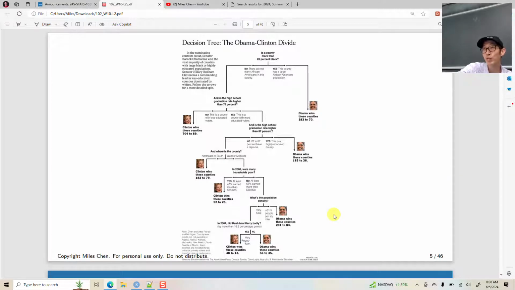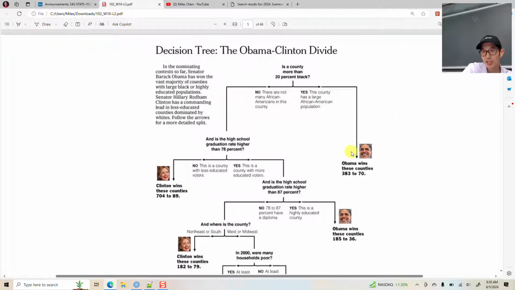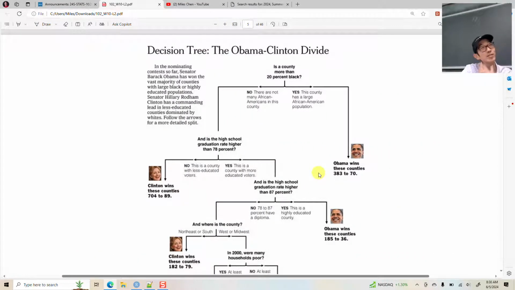Obama eventually won that and eventually won the presidency. But it's kind of fascinating, because if you didn't know who the candidates were, and you looked at these questions, it reflects a very different picture of America back in 2008.